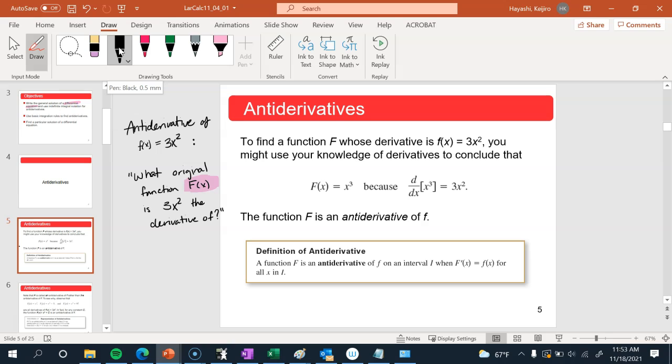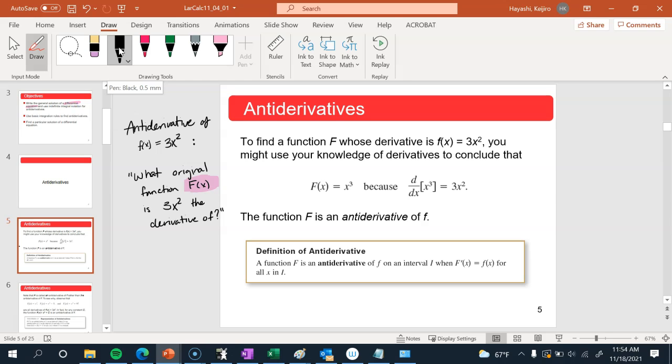Now, having seen 3x squared come up as a derivative several times by now, probably, you might be able to reason out that 3x squared is the derivative of x cubed. In the unit previous to this, you might have seen x cubed come up a couple times, and when you took the derivative, you ended up with 3x squared.